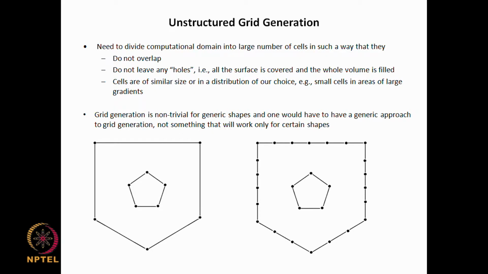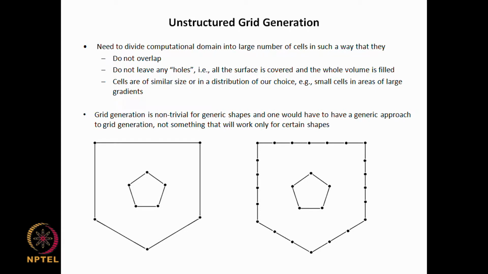So you'd like to reduce the delta x there so as to reduce the overall truncation error. So we'd like to have good spacing, good cells. At the same time, when we are looking at large gradients, we'd like to resolve the flow better, so we'd like to have only small cells in those regions. So in that sense, all these factors must be considered when we generate a grid. Generation of a grid for a fairly simple geometry that can be fit into a Cartesian coordinate system is not so very difficult.